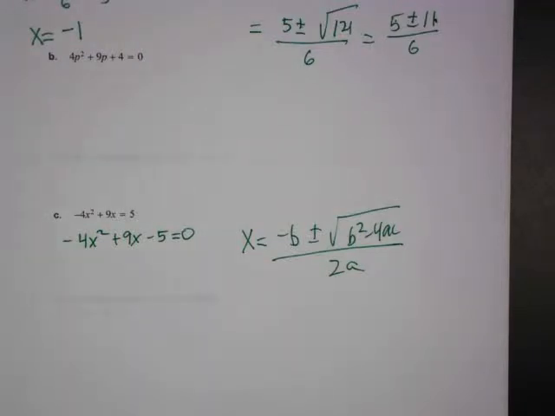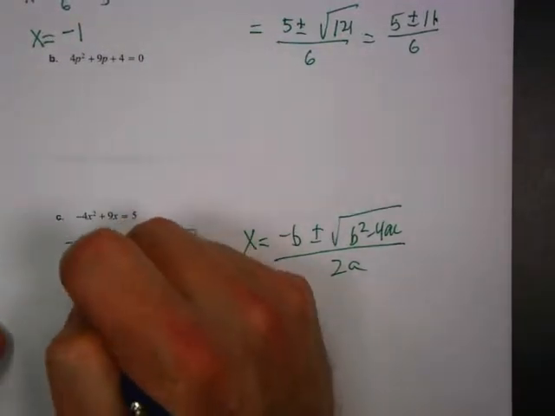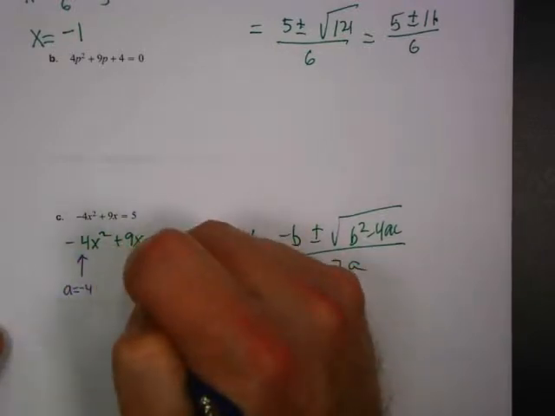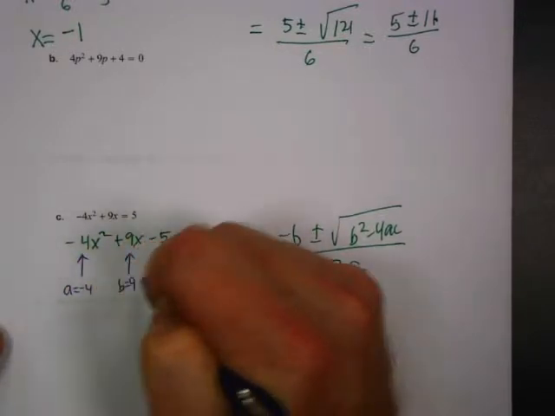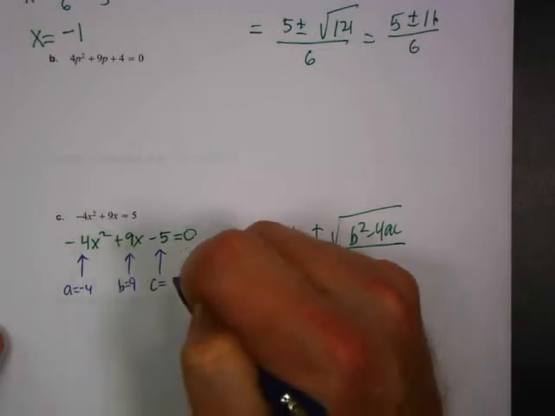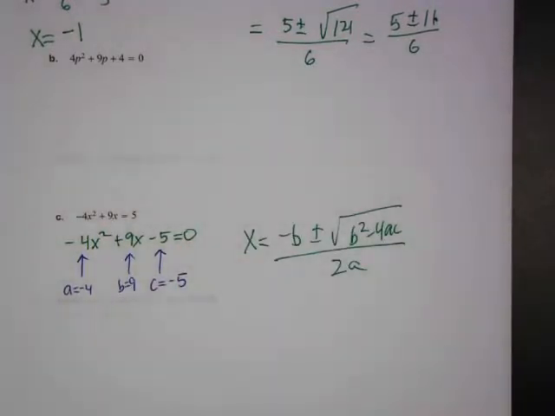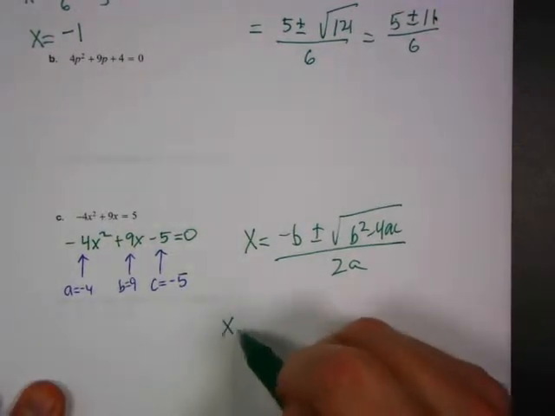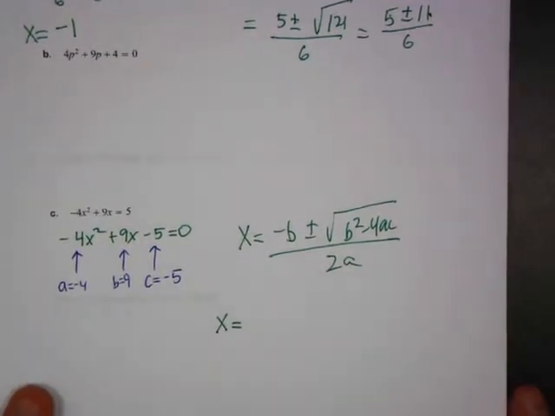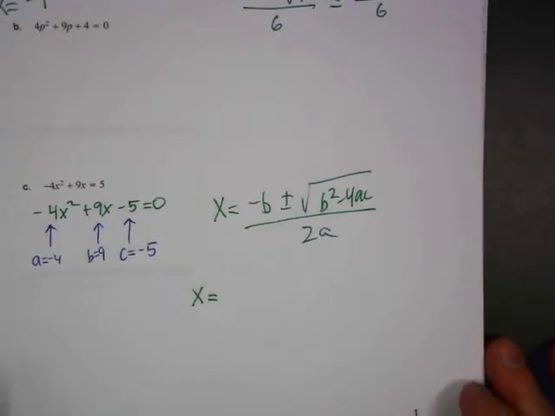What's A? -4. What's B? 9. And what's C? 5. Not 5. -5. Watch your minus signs. There we go. -5. So this time we have x equals -b. What's -b? -9.